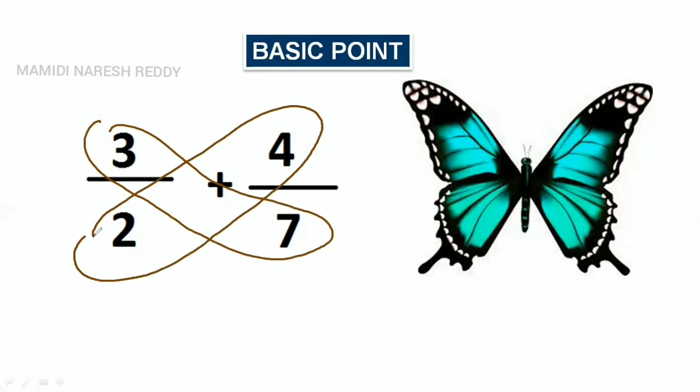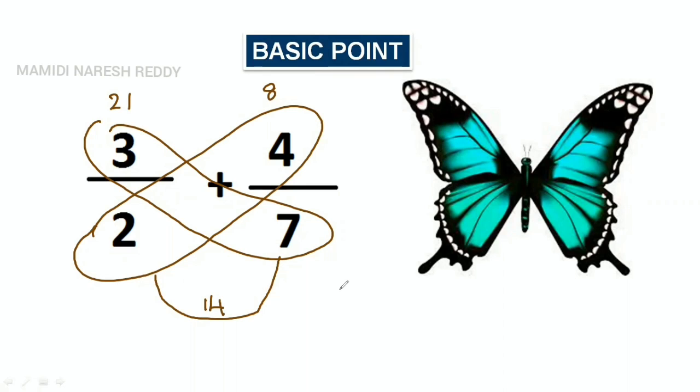You get my point? So this is step one and this is step two. In step one, let us multiply: 3 sevens are 21. And again 2 fours are 8. And in the next step, the third step, we need to multiply these two, means the two denominators. So 2 sevens, 14.